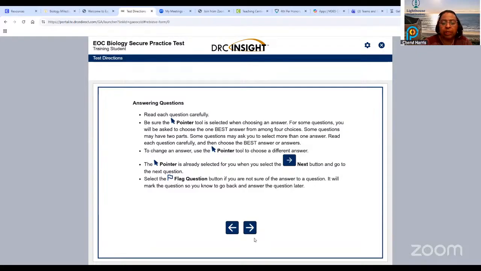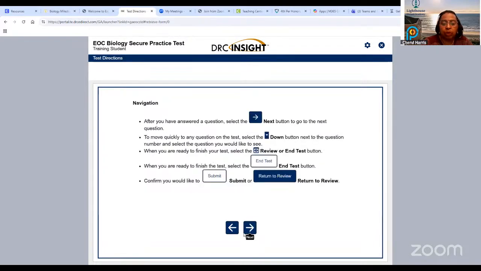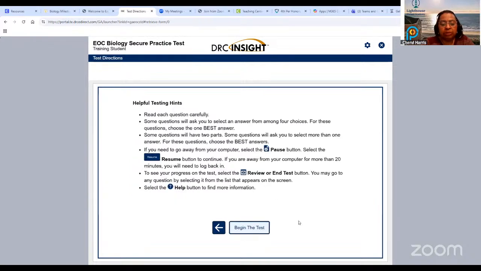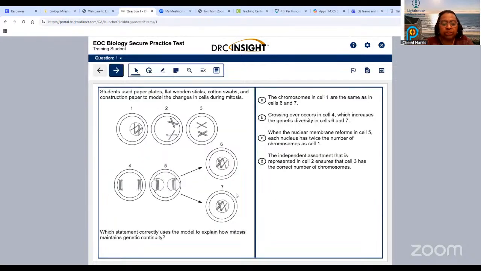I'm skipping through it, but they would take the time to read all of this stuff to you. It is required. This is to really get you familiar with what the procedure is that day. But I am skipping over it because we're interested in just doing the test. So this will take you through the test.